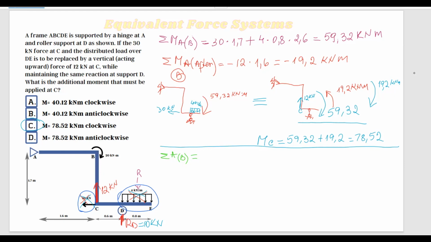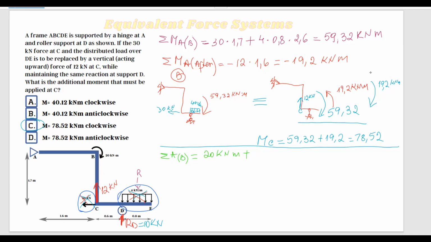These two forces, 30 kilonewtons and 4 kilonewtons per meter. So the moment at A is going to be, I'm going to add the moment at B first, so 20 kilonewton meters. And again, clockwise is going to be my positive direction.